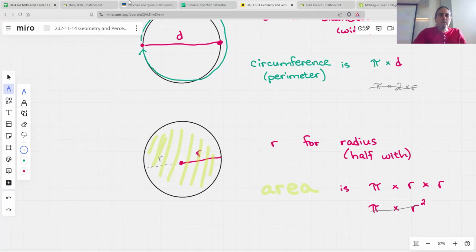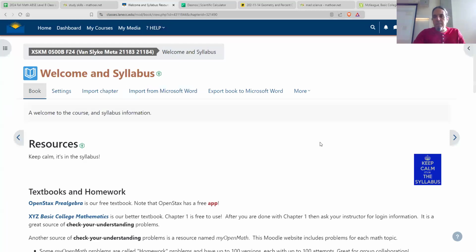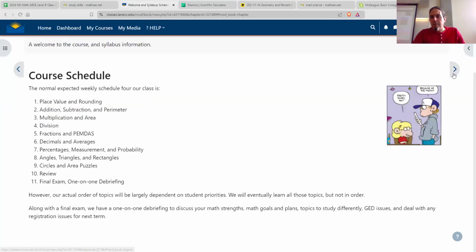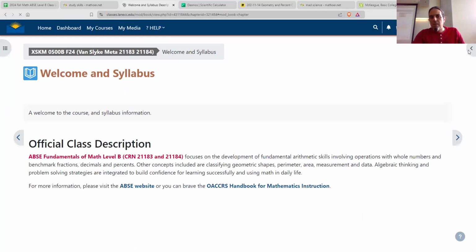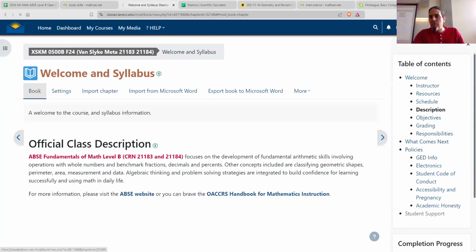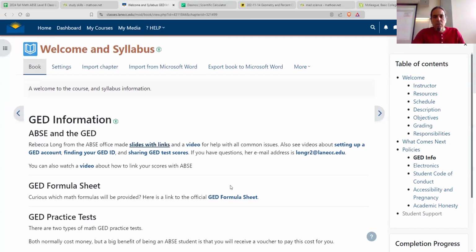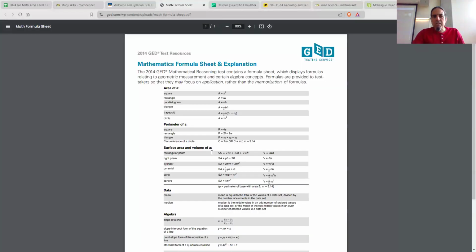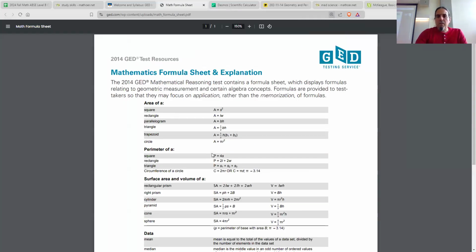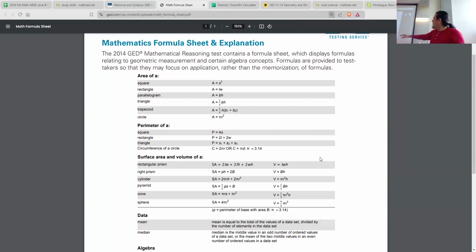Okay, in our Moodle, since I just did a thing, I need that table of contents, GED info. You can see that there's an official GED formula sheet. You can look at which formulas they will give you on the GED, including a lot about perimeter and area.